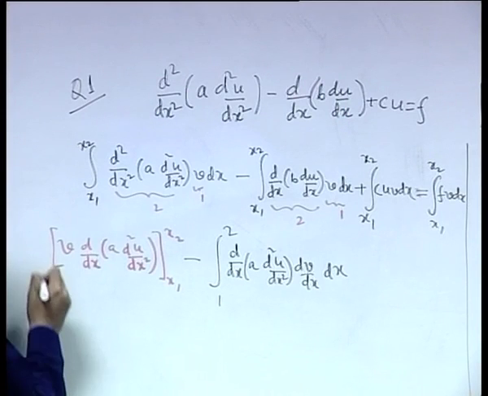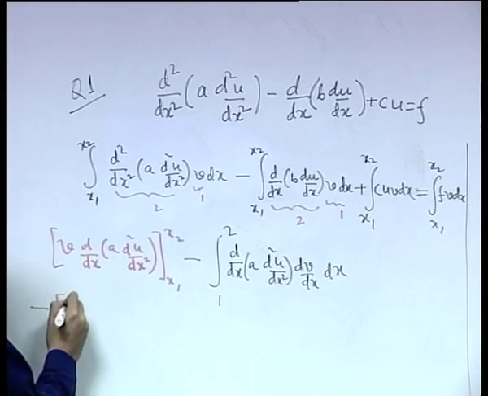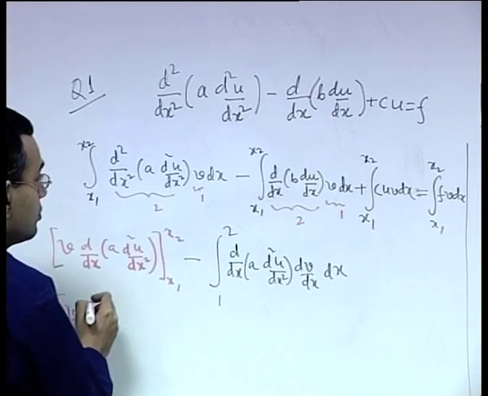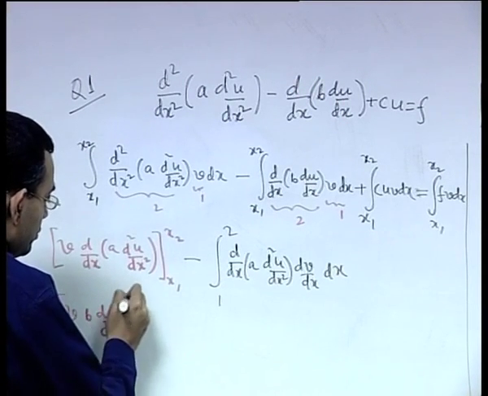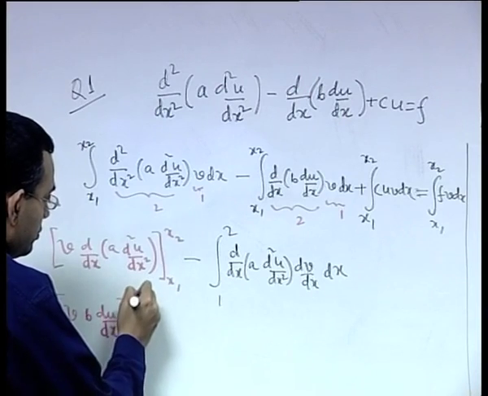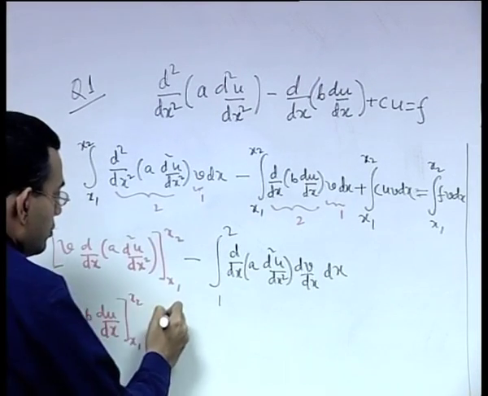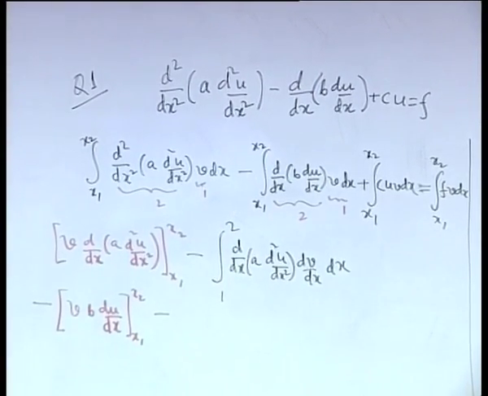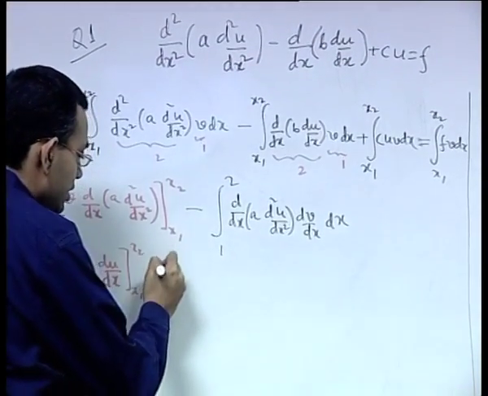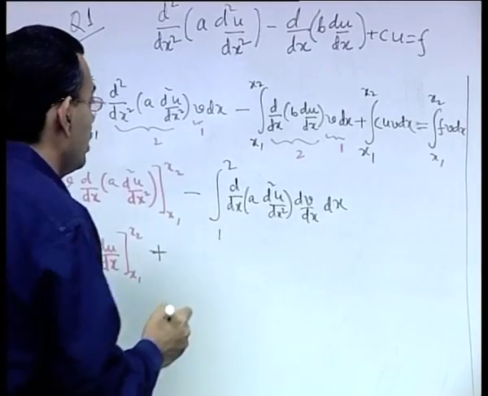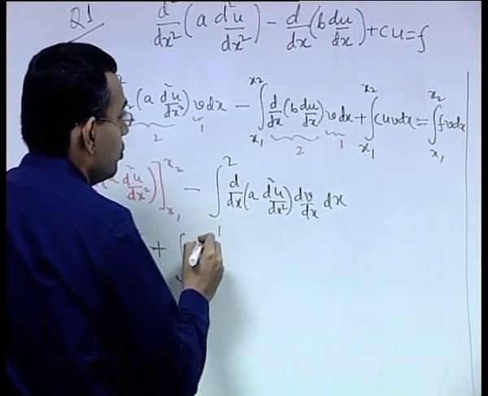For the second term, again first function into integral of the second, minus integral of, so minus will become plus, integral of derivative of first into integral of the second.